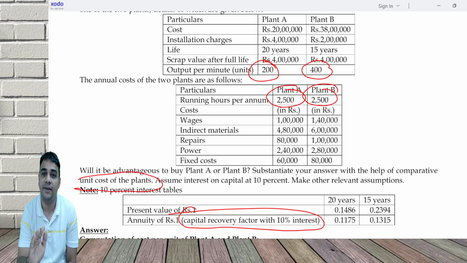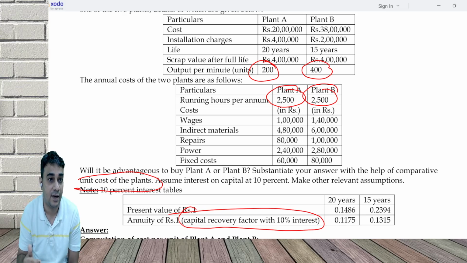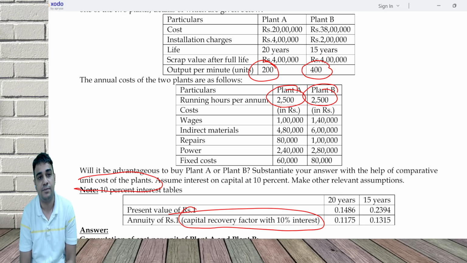They've indirectly given the annuity factor in the question. If you inverse the capital recovery factor, 1 divided by 0.1175 is what? That is the 20-year annuity factor. 1 divided by 0.1315 is what? That is the 15-year annuity factor.